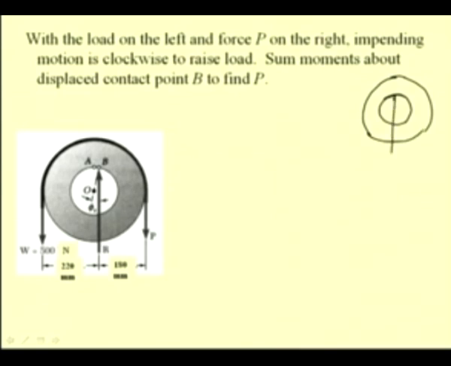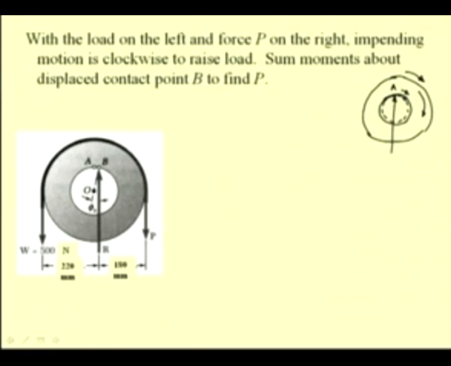Originally the point of contact is at A, and as the pulley tends to move in this direction, for exaggeration let us keep this as the diameter of the shaft. The point of contact slowly shifts in this direction, and once it reaches some maximum value, it starts to slip and the pulley starts to rotate with respect to the axle.